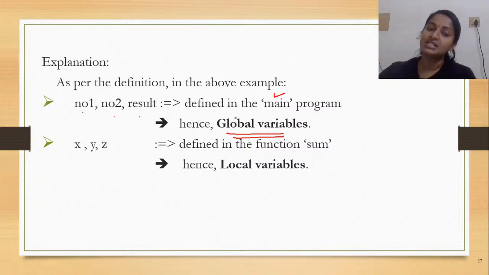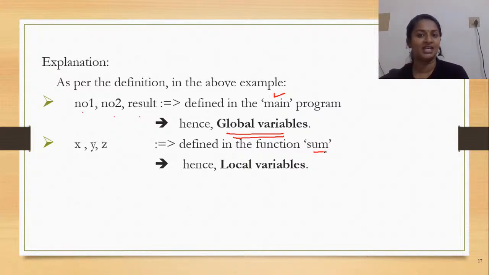Now since they're defined in the main function and they're having the global scope, we call them the global variables. Now what about x, y and z? X, y and z are defined in a user-defined function sum, right? So since they have a local scope, meaning a scope only within the range of the function sum, they are called local variables. Okay, is the idea clear? So the global variables and the local variables.